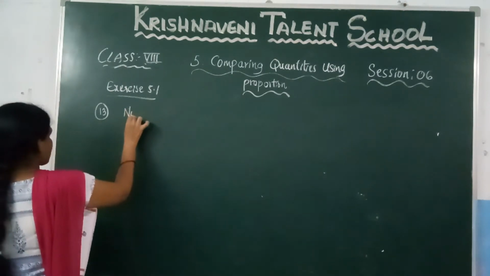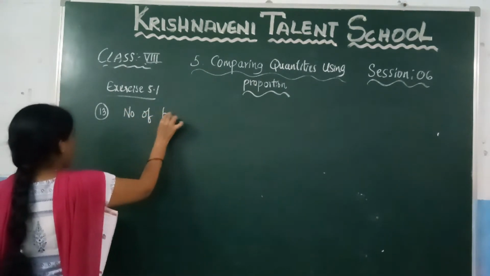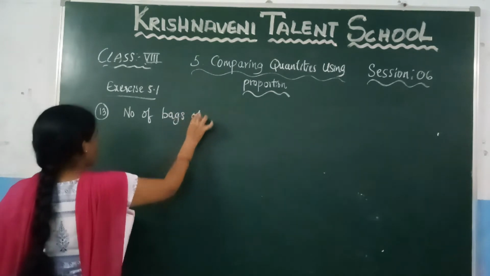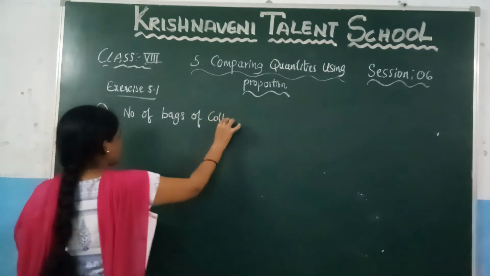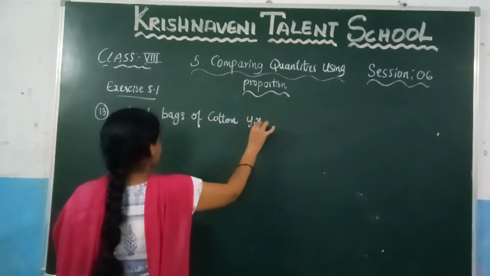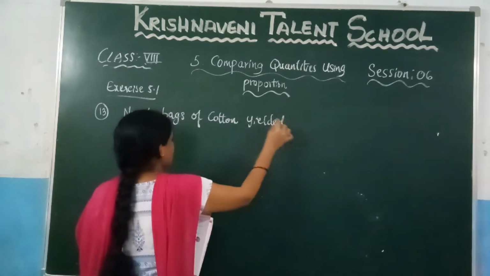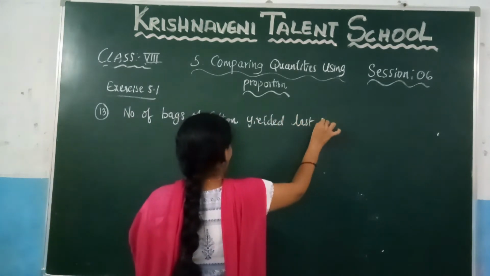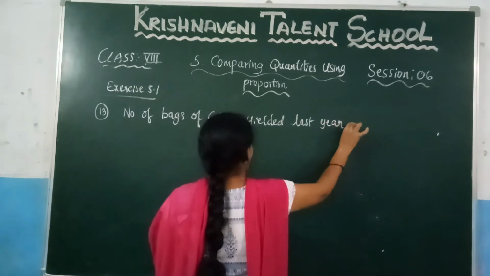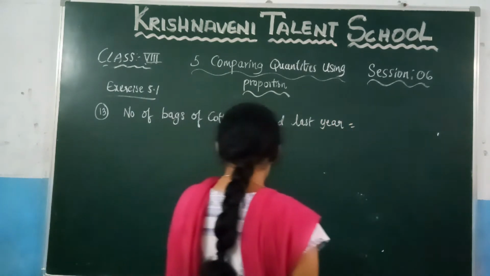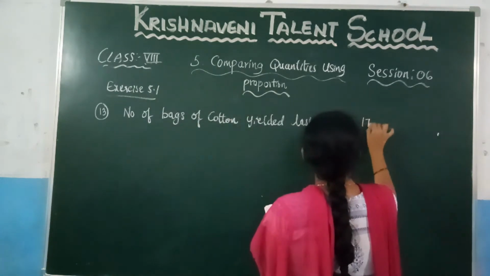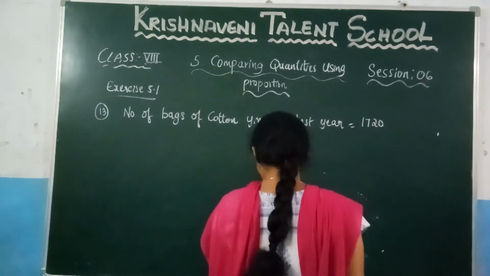Number of bags of cotton yielded last year. How much? They have given here 1070. Right?